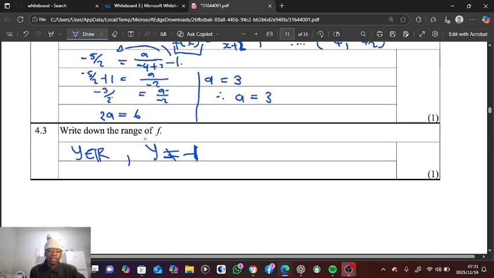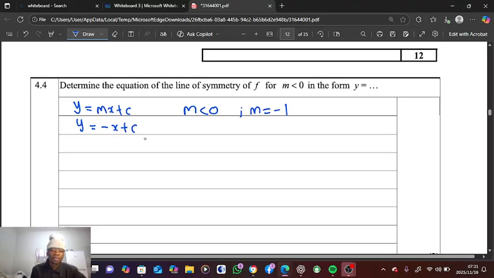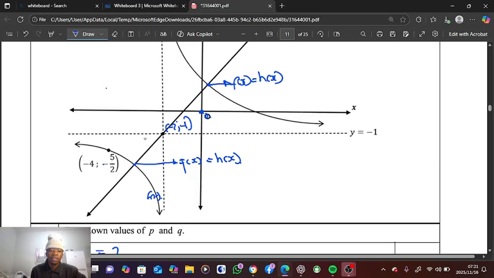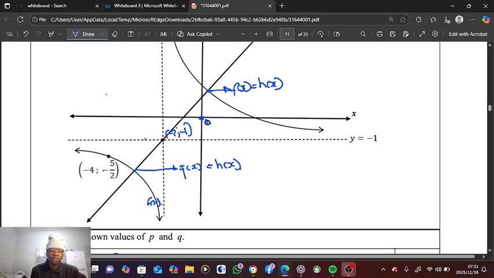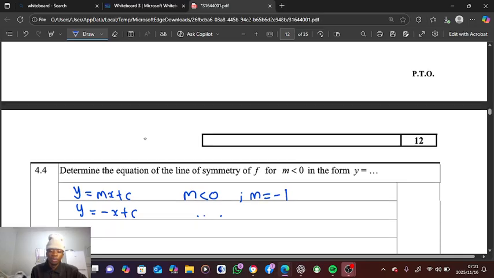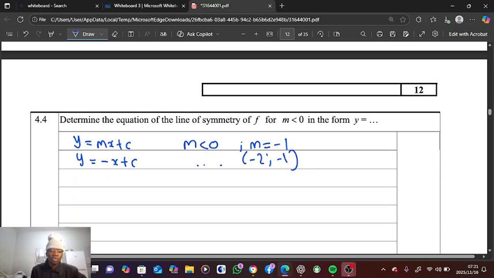So how do we find c? We can find c by picking a point that lies on the graph, which is negative 2 and negative 1, which lies on our graph of h at x. So we're going to pick negative 2 and negative 1. So we're going to have negative 1 on this side equal to negative into negative 2 plus c.